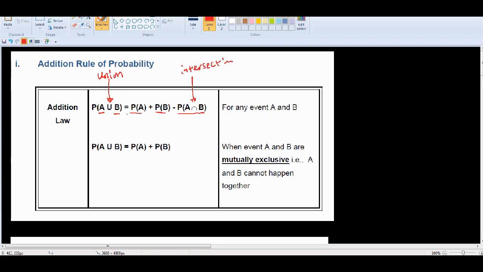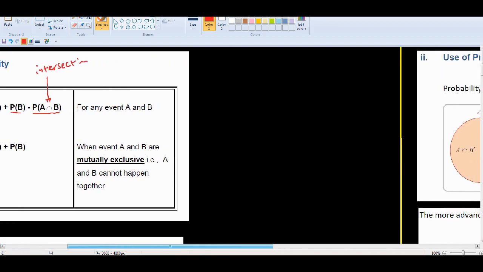Basically, the probability of the union of two events equals the sum of their probabilities take away the probability of their intersection.